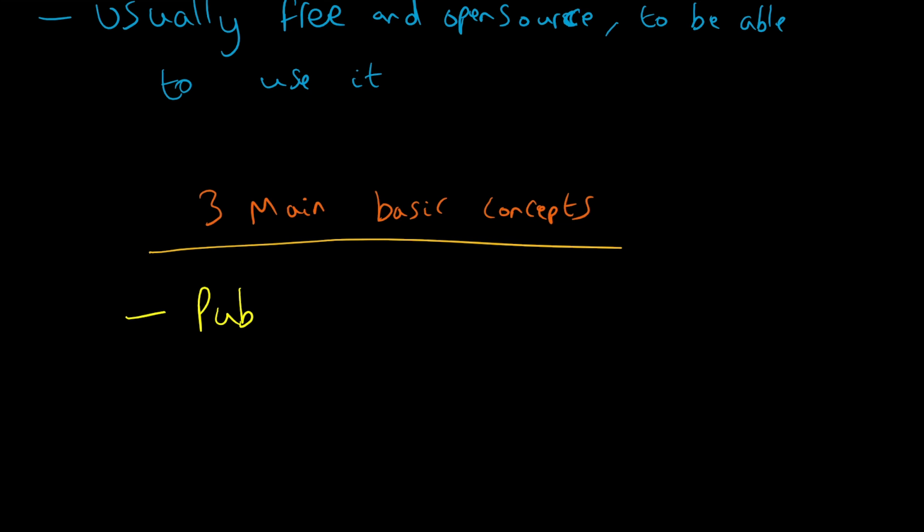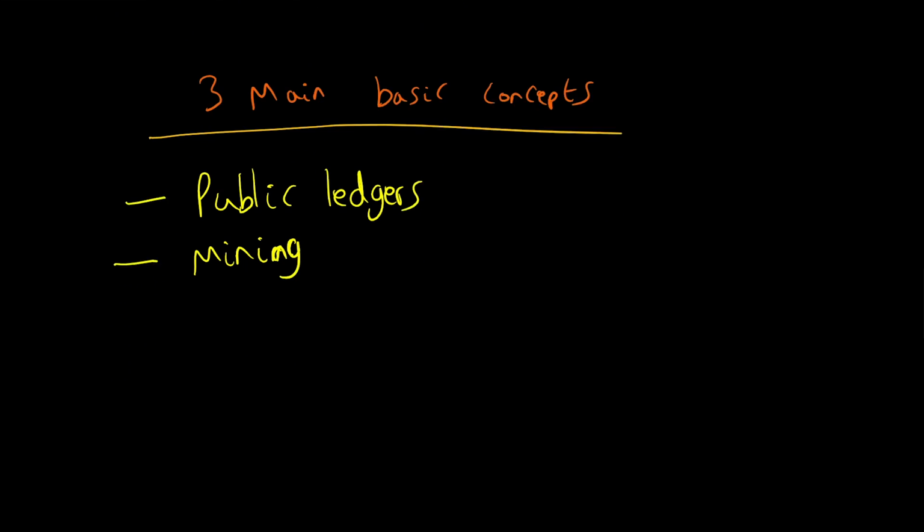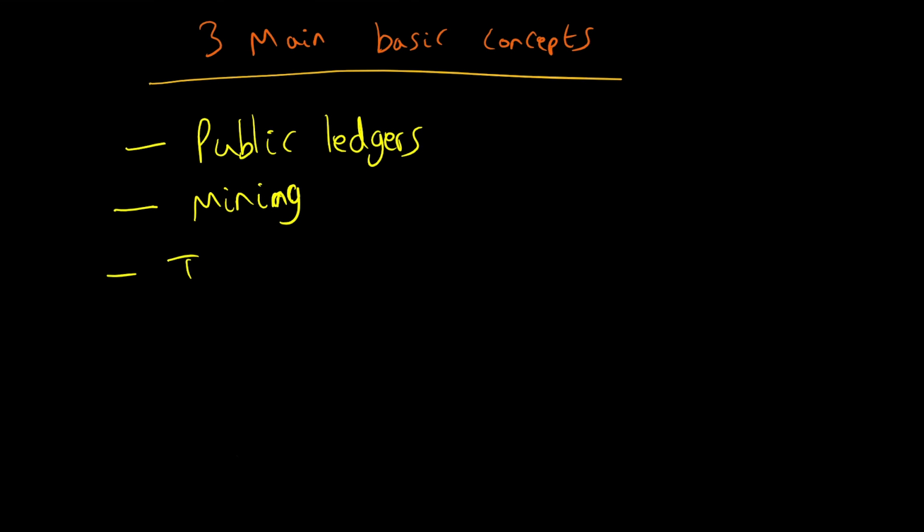They have public ledgers. I've already created a separate video for that, so check that out. It's essentially a database which holds all the transactions, not controlled by a single authority, and it's public, and it's not stored by one individual as well. It's confirmed using the process called mining, so you know the transactions are legit.